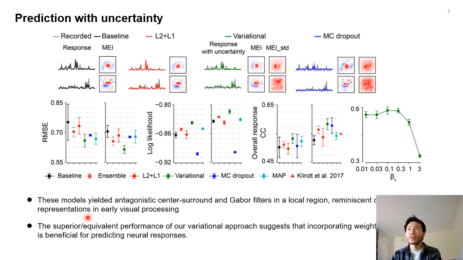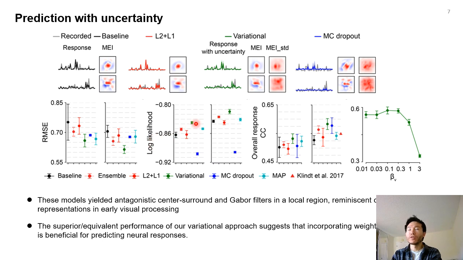We next evaluate the model performance. We use root mean square error, log likelihood, and linear correlation as metrics. We compute them for models trained on half of the data and on the full training data. For example, we look at this log likelihood. The green one is our model.